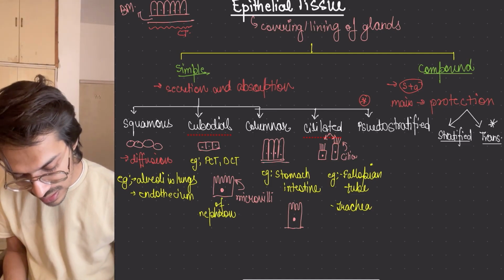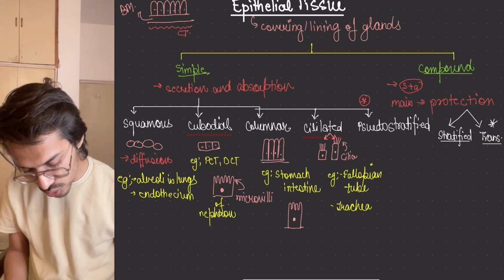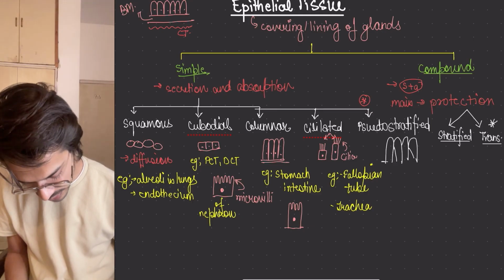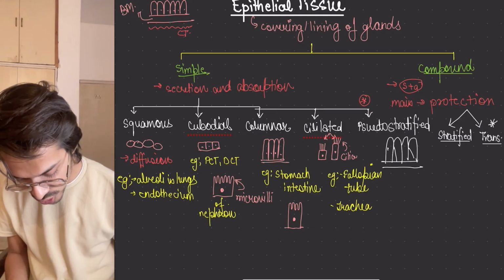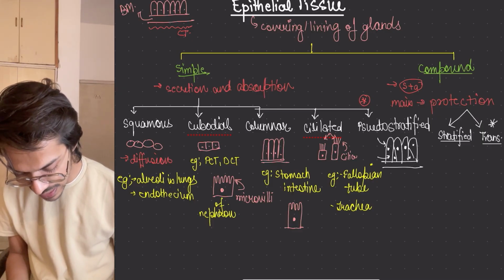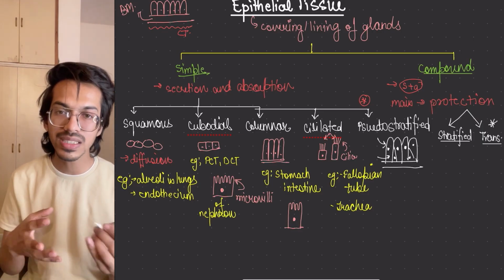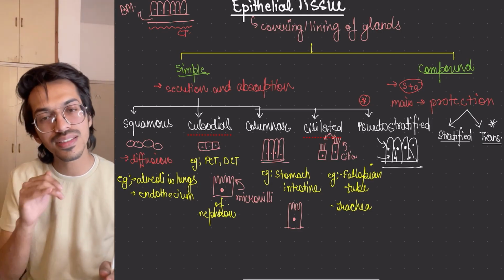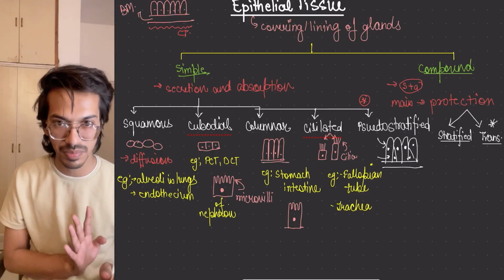So if someone asks what pseudostratified is, it means certain tissue in which the nuclei are at different levels. Can you see that these cells have a lower-level nucleus and these have a higher-level nucleus? So it appears that two different layers are present, but in reality it is a single layer because there is a single basement membrane.